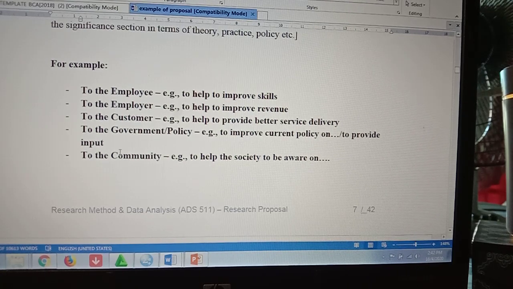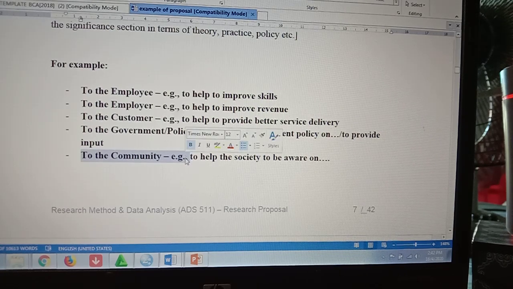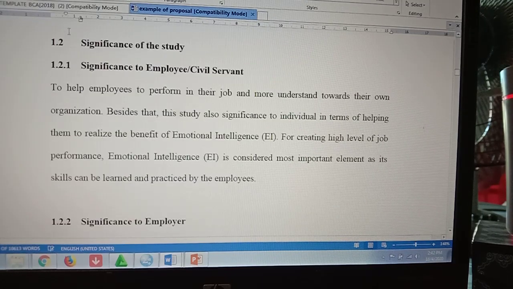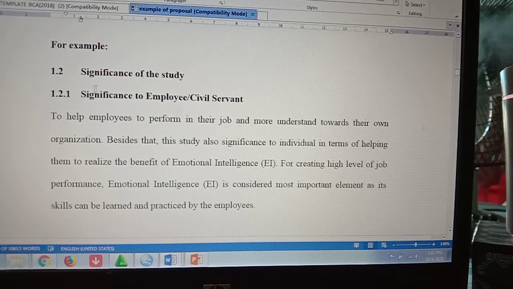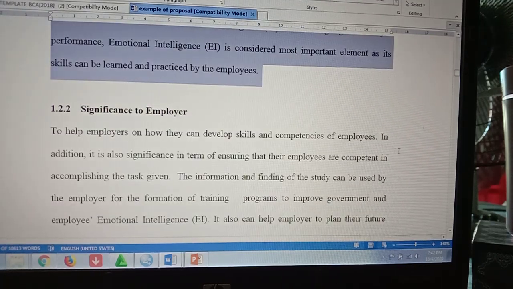To the government, we believe that our study can help the government to improve the private sector. To the community, if there is one; if your study has nothing to do with the community, no need. I give an example in the form of subtitles. This is an example of how to write the significance of study. Under the significance of study section, you make subtitles. Significance to the employee and civil servant, you write a sentence. Significance to the employer, you write a sentence.